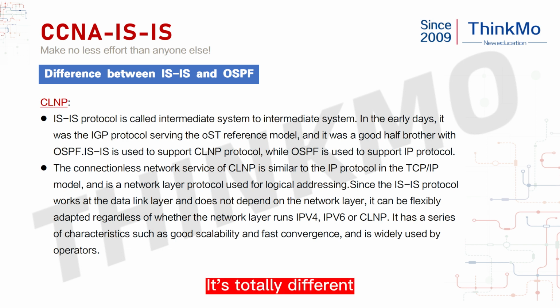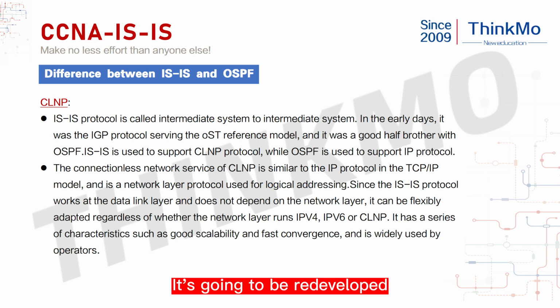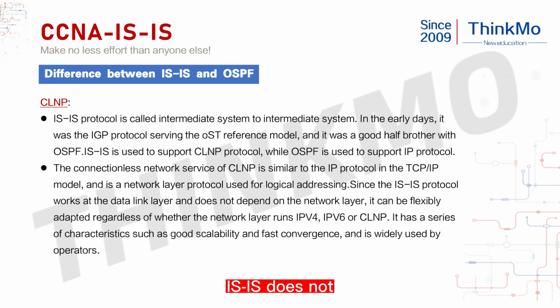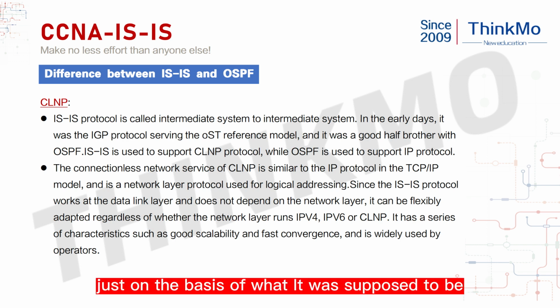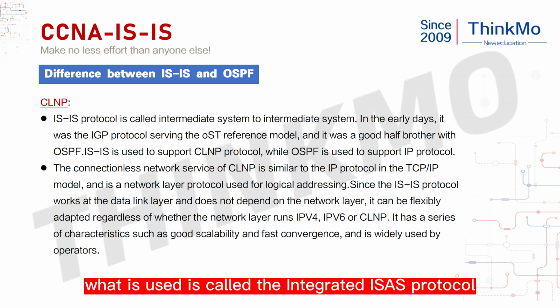It's totally different. OSPFv3 was modeled after OSPFv2 but redeveloped. ISIS does not do that; it was just upgraded and expanded on the basis of what it was. So at this stage, what is used is called the Integrated ISIS protocol.